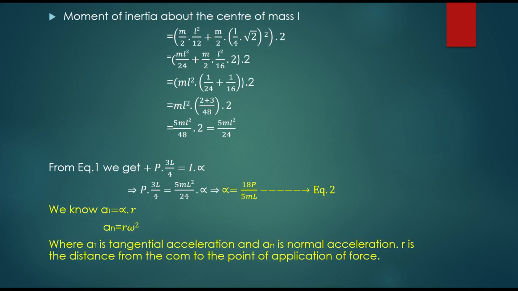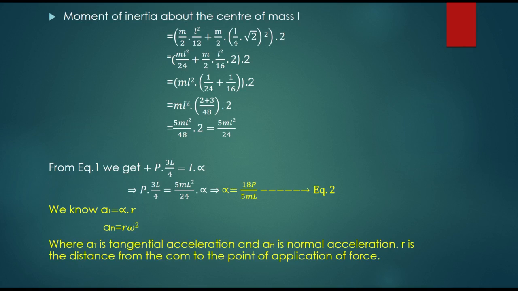Now let us calculate the moment of inertia of the whole body about G3. For this, we can use the parallel axis theorem. For simplicity, we will first calculate the moment of inertia of either one of the rectangular bodies, OA or OB, and then multiply by 2 to get the moment of inertia about G3. Here, the distance from G3 to G1 is L by 4 into root 2, from geometry.